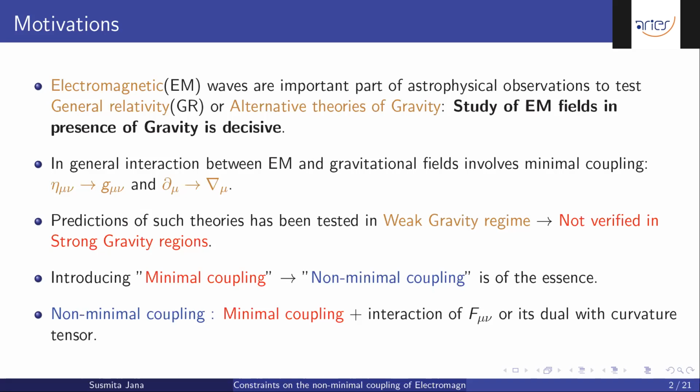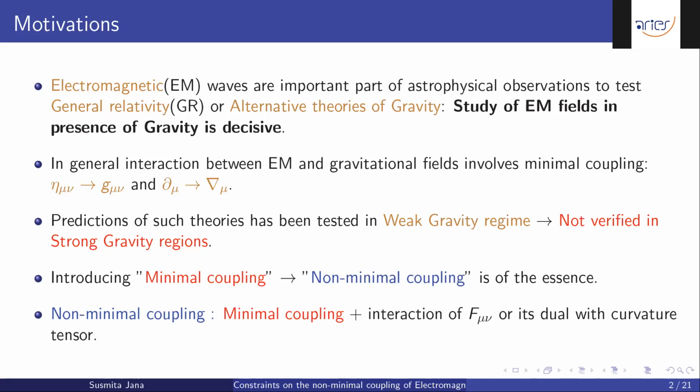So to proceed further in that way, we can consider non-minimal coupling instead of minimal coupling. Minimal coupling means where we consider the curved spacetime metric instead of the Euclidean metric, and non-minimal coupling is where we include minimal coupling as well as the interaction of Maxwell's tensor with the curvature tensor or its dual.